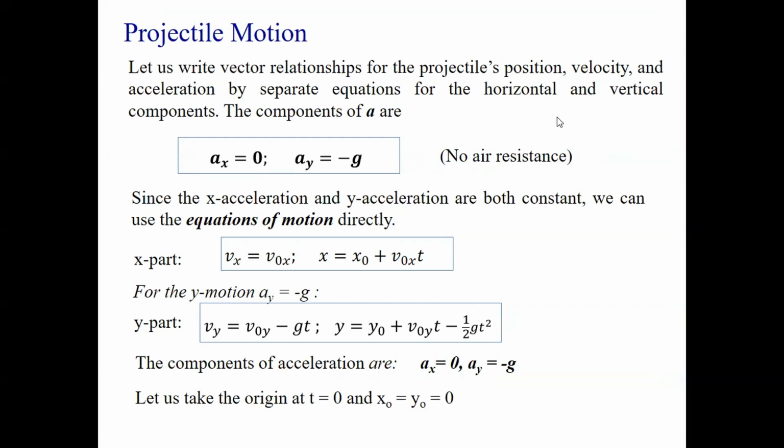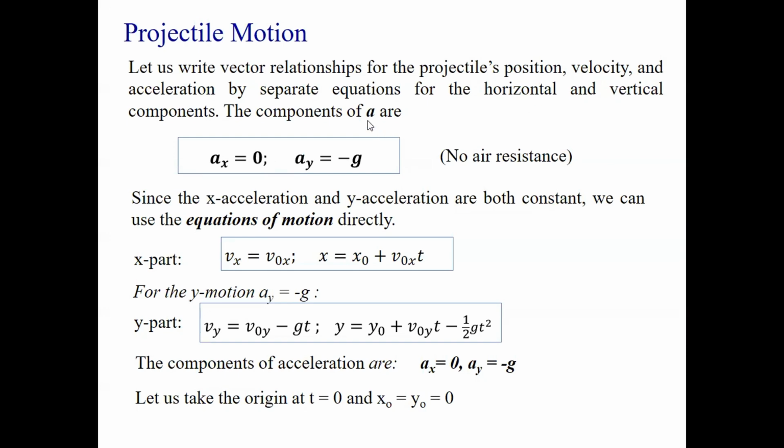In projectile motion, an object is thrown with a horizontal velocity component, and it is thrown upward at a certain angle. Then we have seen that its position, velocity, and acceleration have separate equations for the horizontal and vertical components.